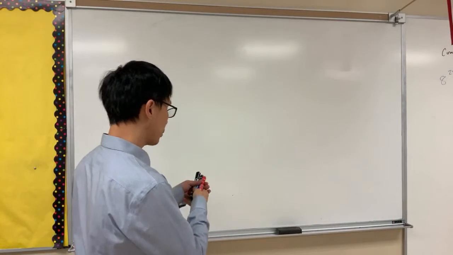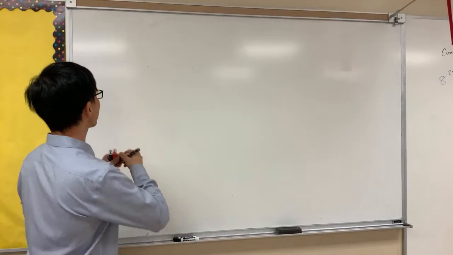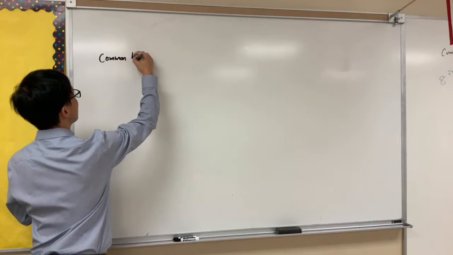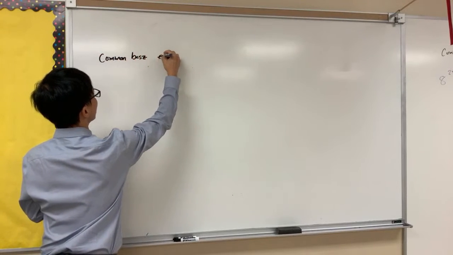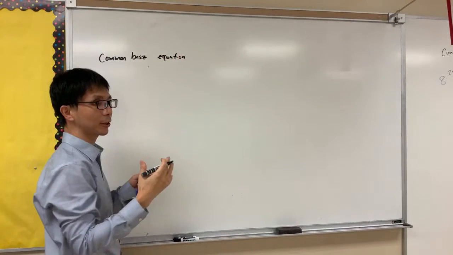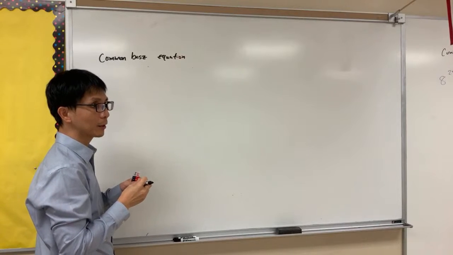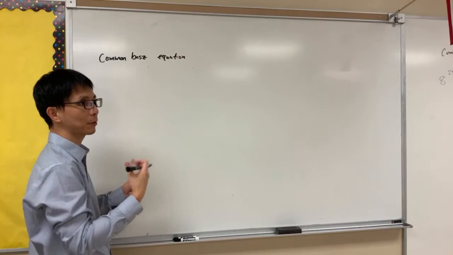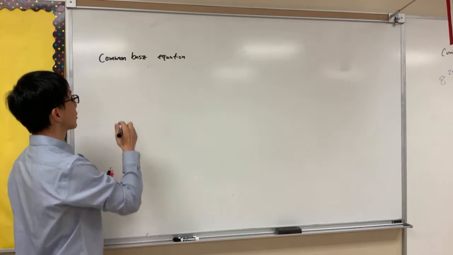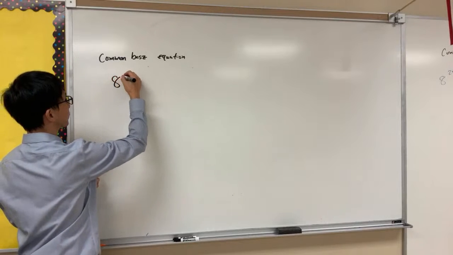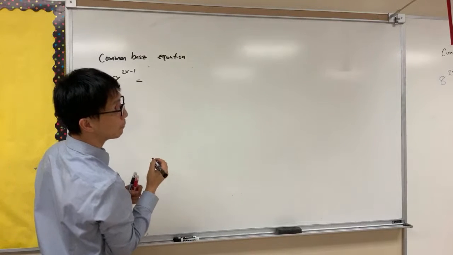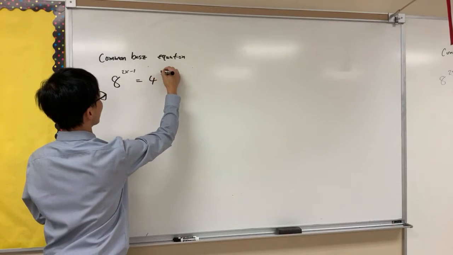The first one is a problem called common base equation. Now I don't think this is a technical term in mathematics, but I created that term because a lot of the time I tutor SAT and I have to tutor this type of question, so we call it common base. So common base is gonna be 8 to the 2x minus 1 is equal to 4 to the 5x minus 1.